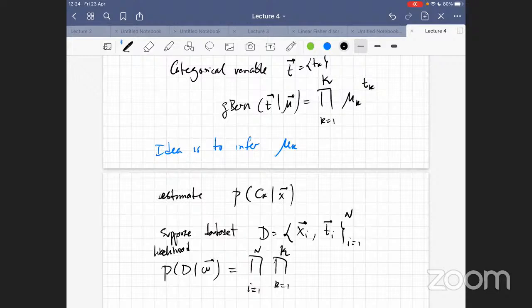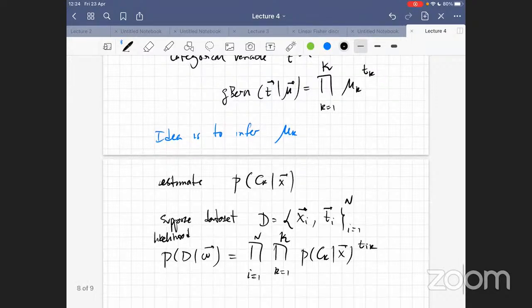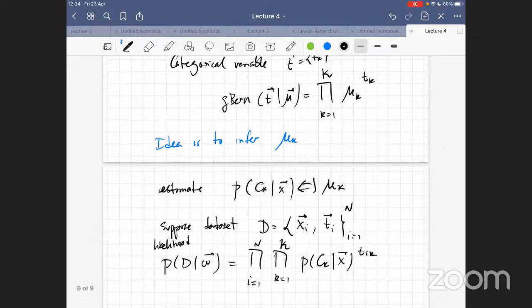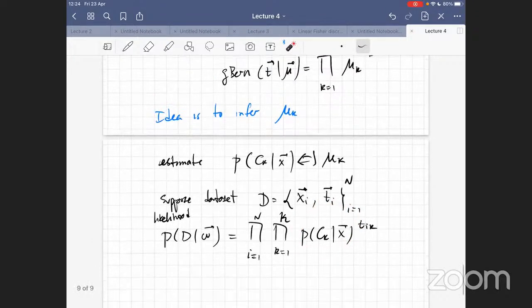I am identifying mu k with p, the probability for the class given some input x i. This is a central object in the probabilistic approach to classification.